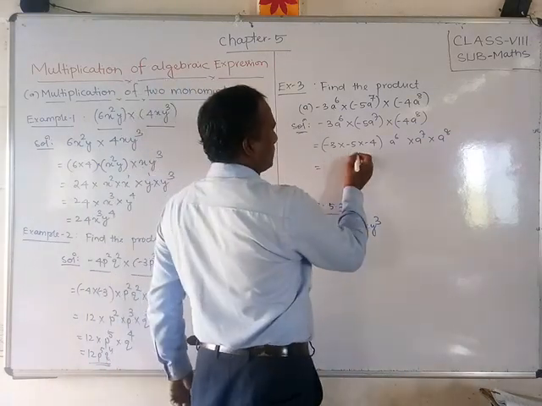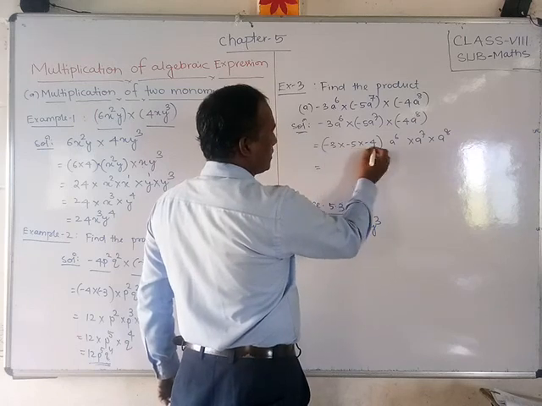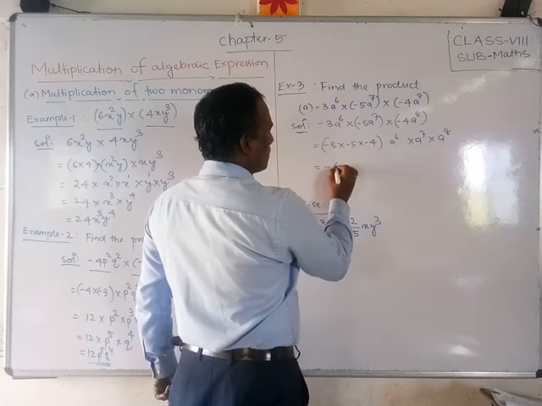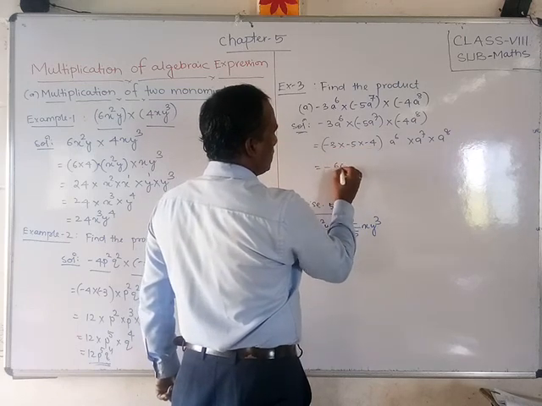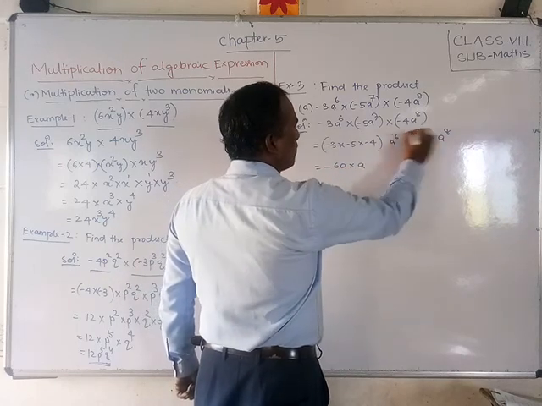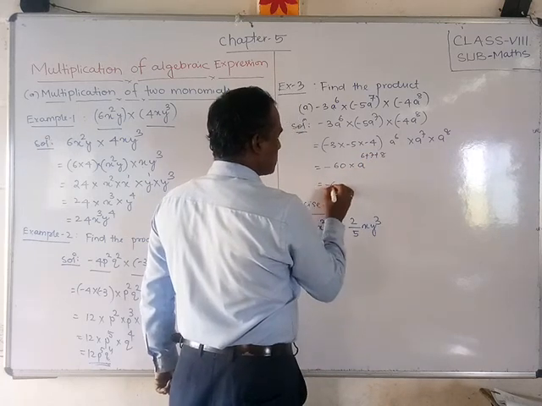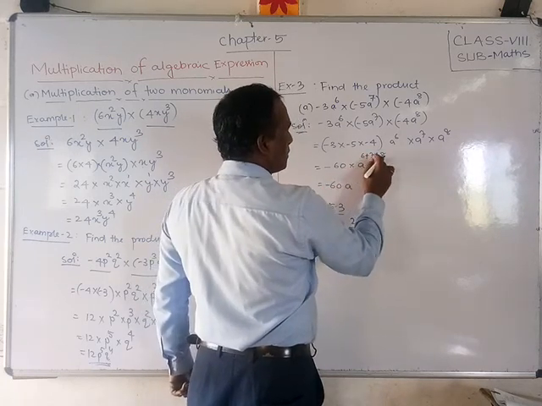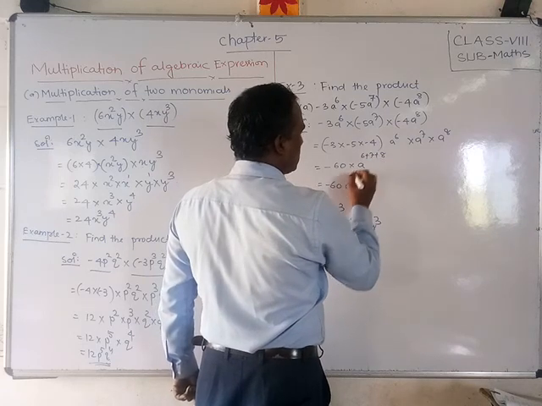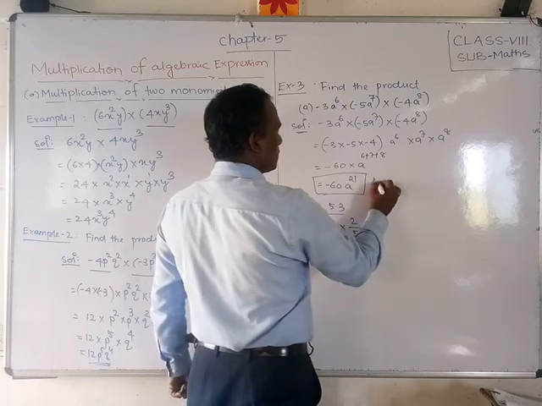Now multiply. 3 5 ja 15, 15 4 ja 60, minus odd number, so minus 60 a power. Into a power, we can add 6 plus 7 plus 8, is equal to minus 60 a power 8 7 15, 6 21. So this is our answer.